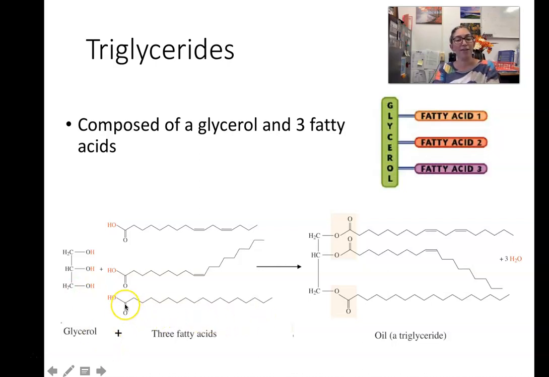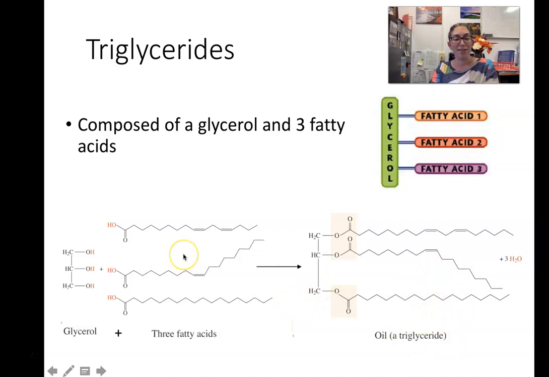Fatty acids are long chains of carbons and hydrogens with a carboxylic acid group at the end. We take those 3 fatty acids, we pop them onto the glycerol, and we now have a lipid molecule, a triglyceride.